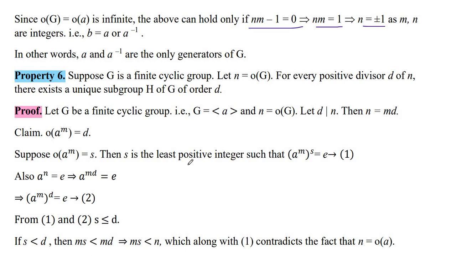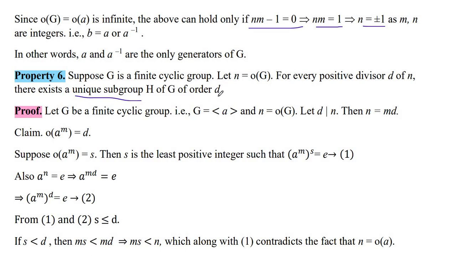Actually, this property helps us in determining the subgroups of a given finite cyclic group. Let G be a finite cyclic group of order n. Then for every positive divisor d of n, you can find a unique subgroup H of G.